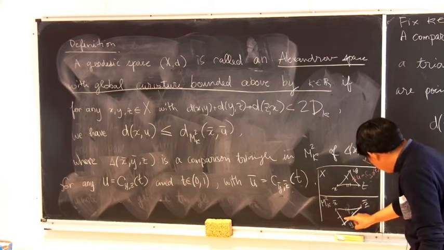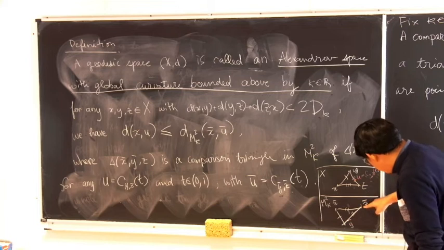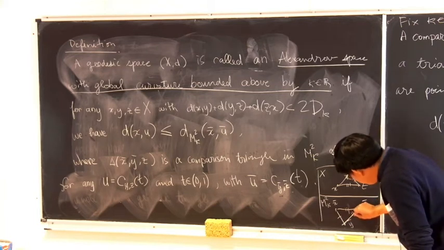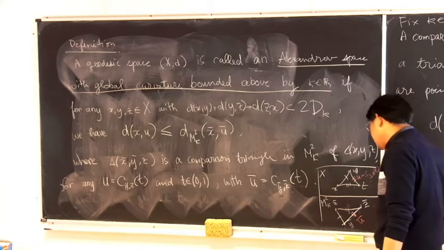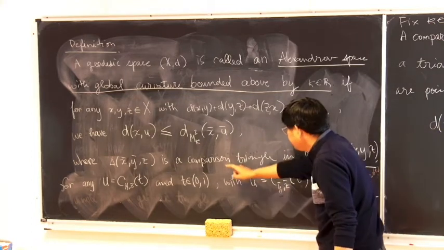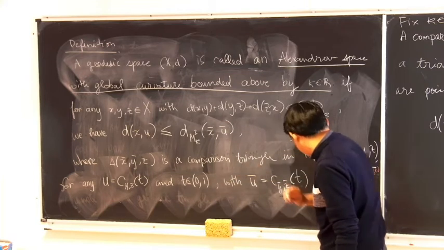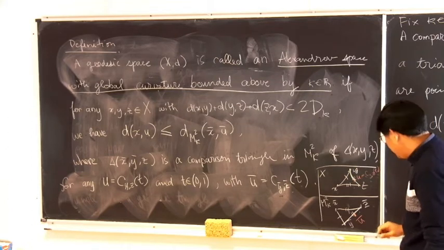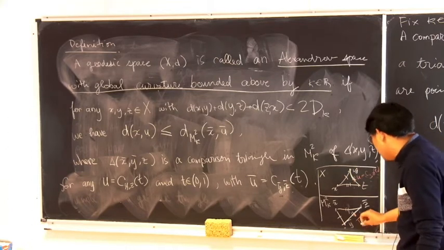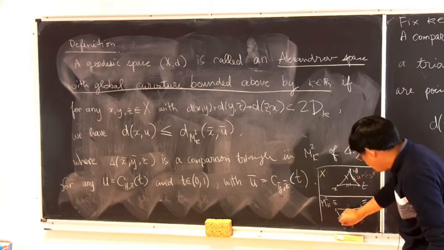So u bar is somewhere here, where this kind of construction will guarantee that the distance between y and u in X, and y bar and u bar in the model space, are equal.